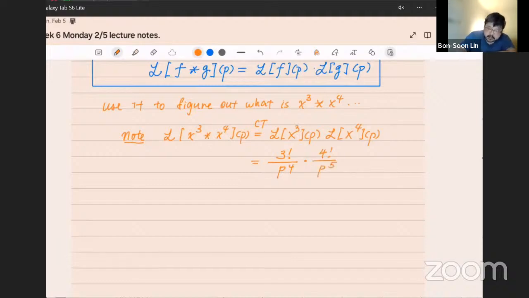Hopefully these are things you remember. This is equal to 3 factorial times 4 factorial times 1 over p to the 9th power.